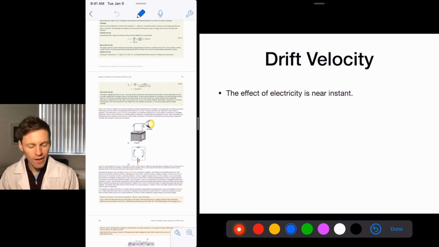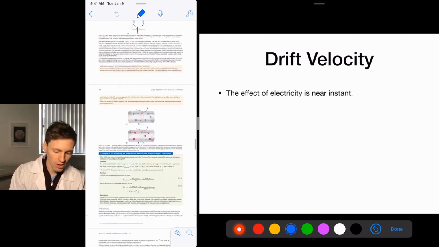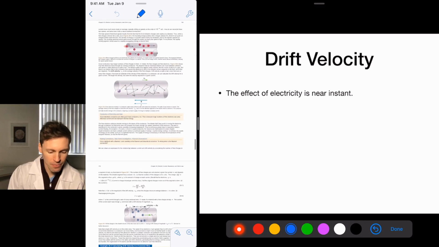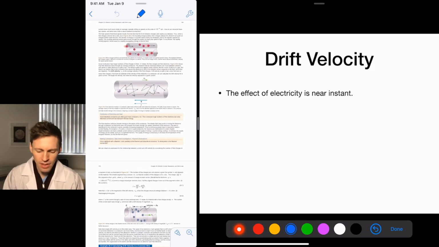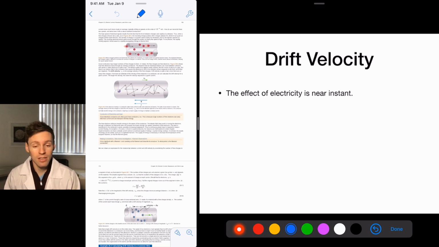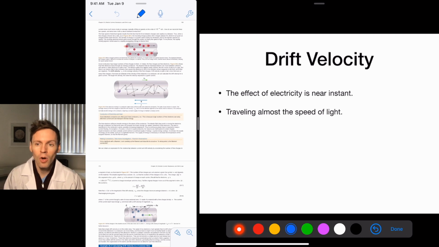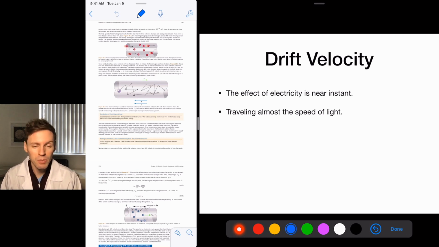Okay, now there's an interesting thing called drift velocity. It's a little bit weird, but basically when you turn a light switch on, the lights turn on pretty much instantly. You complete the circuit where your hand is, and somehow the lights immediately respond. So the effect of electricity is almost instant, near the speed of light.